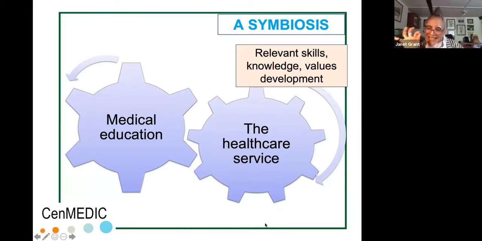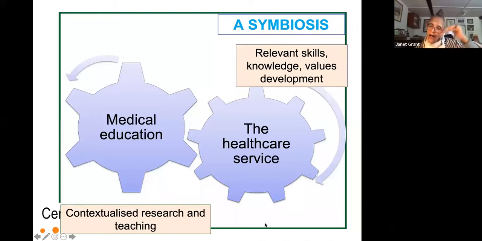So you do analysis. First of all, every plan starts with an analysis. And then on the basis of your analysis, you will have the skills, the knowledge, and the values that you want people to develop. So now you're starting to look towards what outcomes you are after. You might want contextualized research, you might want contextualized teaching.